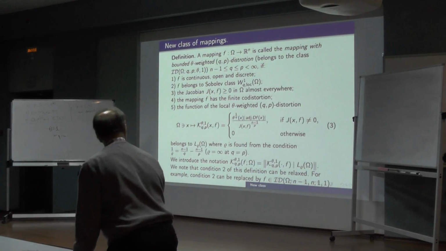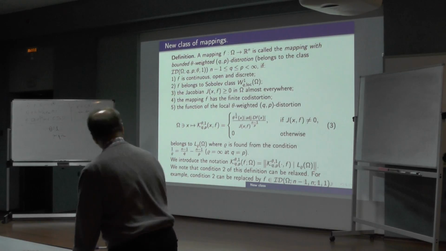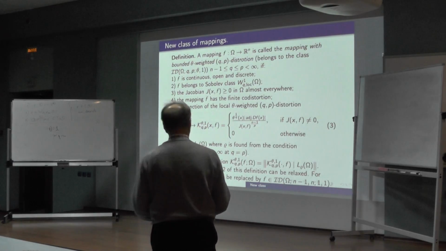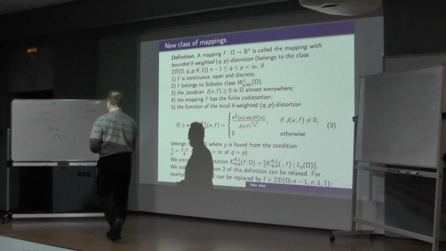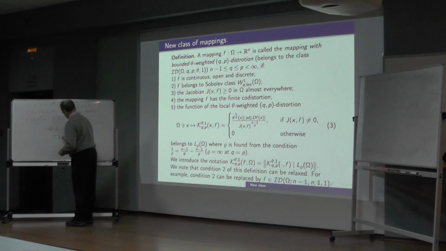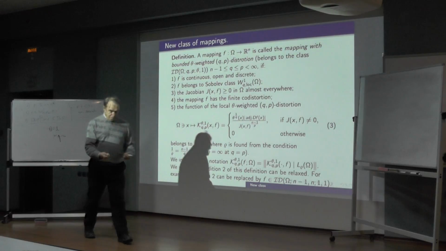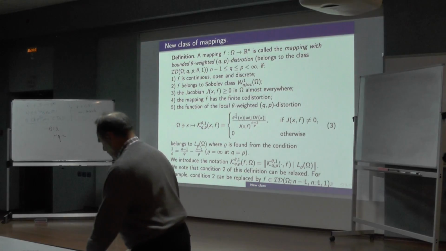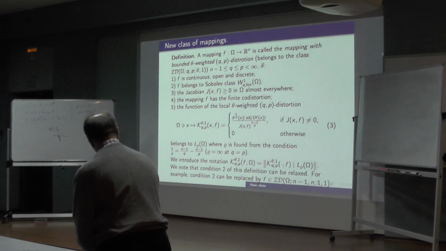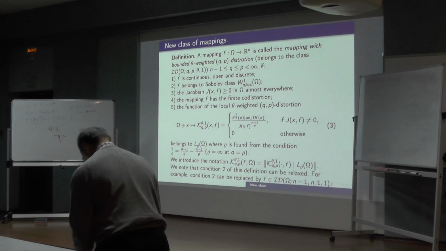But what is interesting here, in the case when p equals n, this case is known. And why do we need these two parameters family of mappings? I want to give an answer to this question.